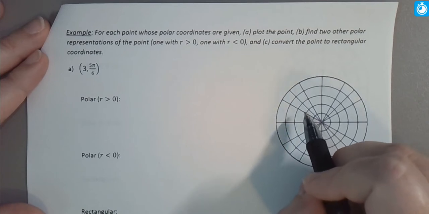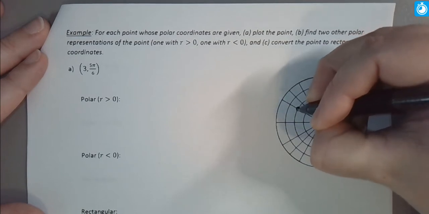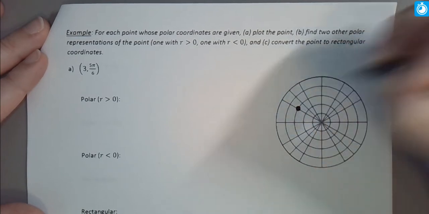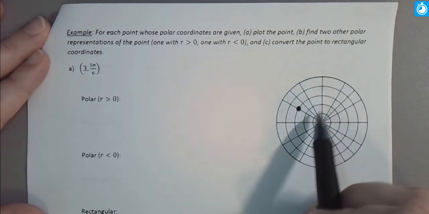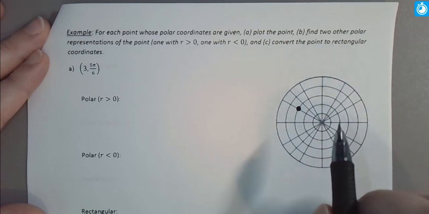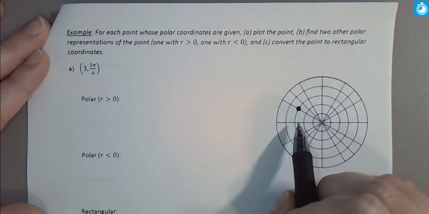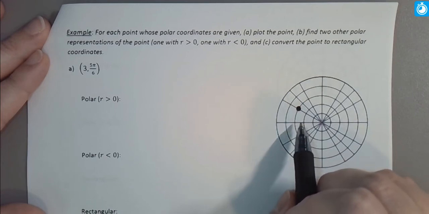So 1, 2, 3, third ring. So this is going to be the particular point that we're looking at. So that is the location. Notice that it's in the second quadrant. So already, thinking in terms of rectangular coordinates, we know that the x coordinate we find is going to have to be negative, and the y coordinate we find is going to have to be positive.